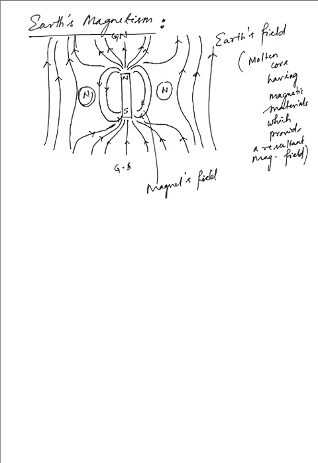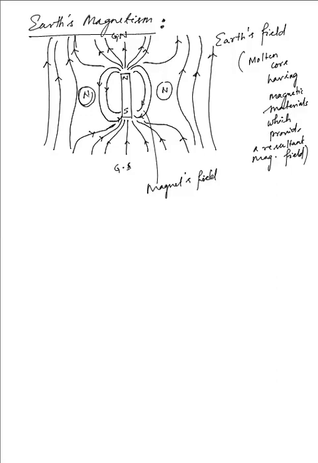These are cancelled by the earth's magnetic field themselves, and you come across these beautiful auroras at different points on earth. And this is a simple demonstration of how the fields cancel out each other.